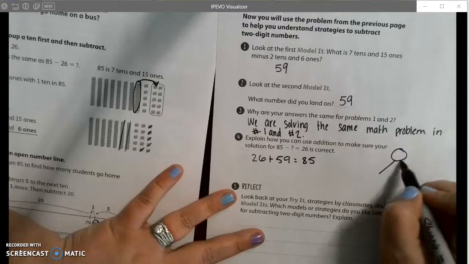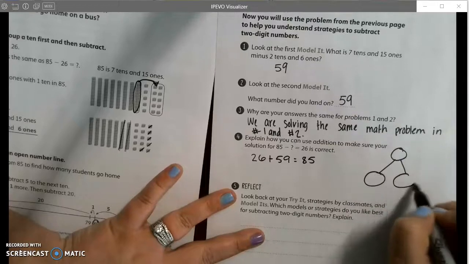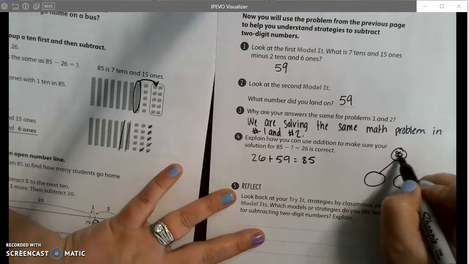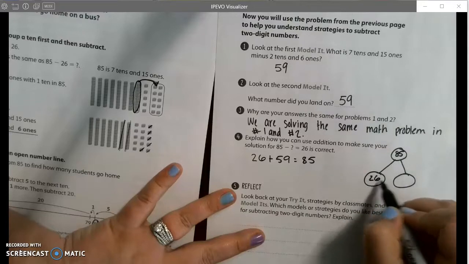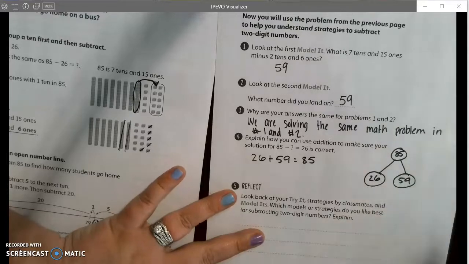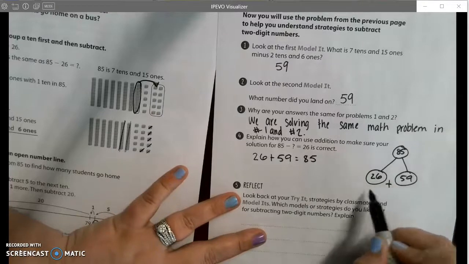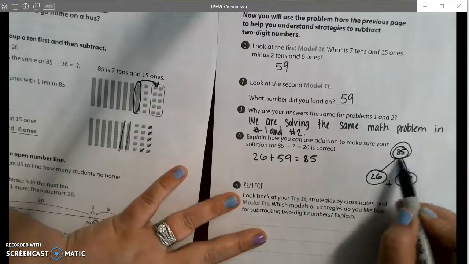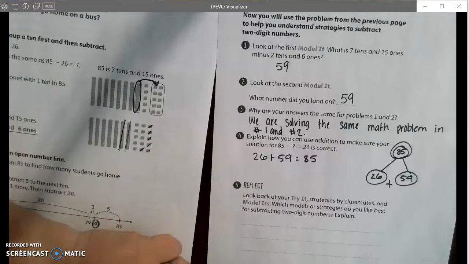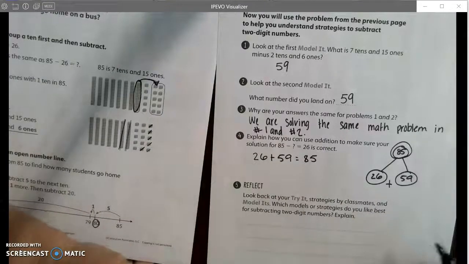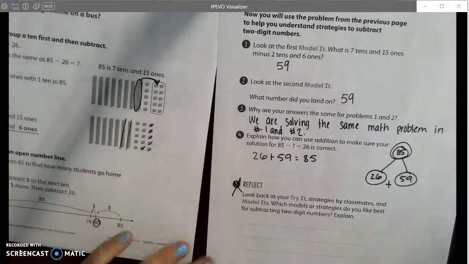Because we're back to this again. 85, 26, 59. These two numbers added together should equal this number up here. Part, whole. We're not doing reflect.